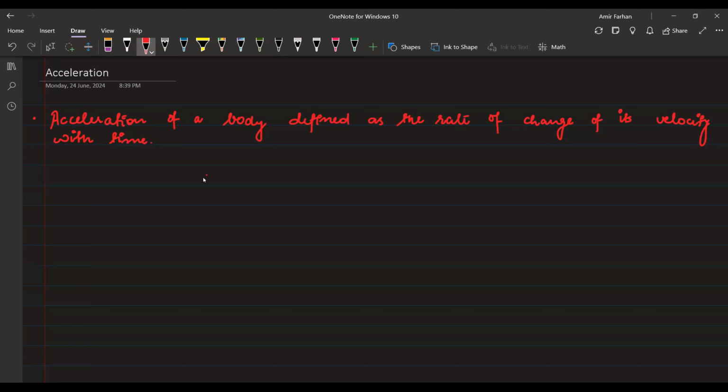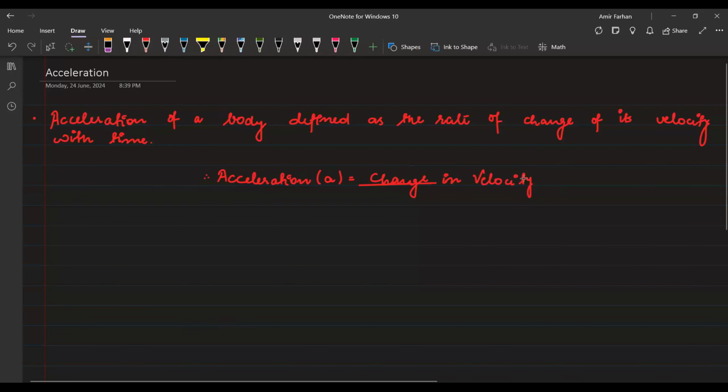So basically, acceleration you will write as: acceleration a is equal to change in velocity by time. Acceleration is denoted by small a. Change in velocity by time.